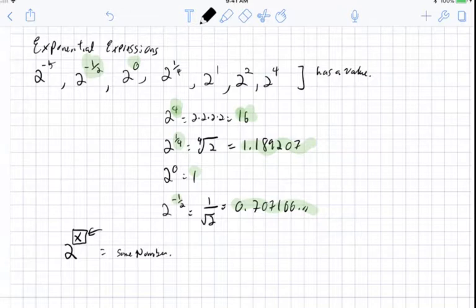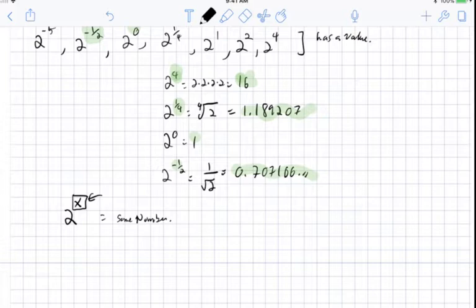So we can think of this expression in terms of a function, where the function is composed like this.